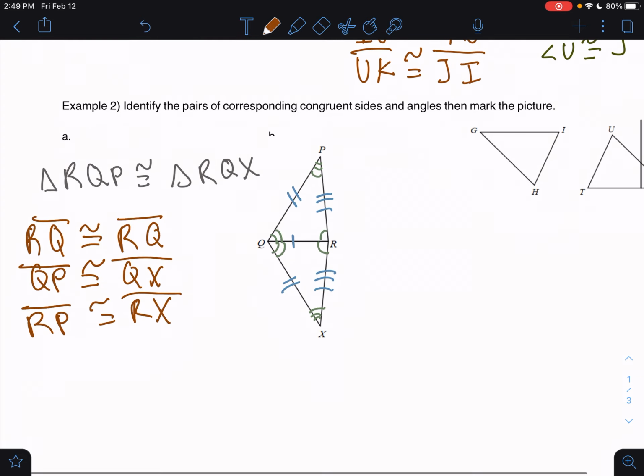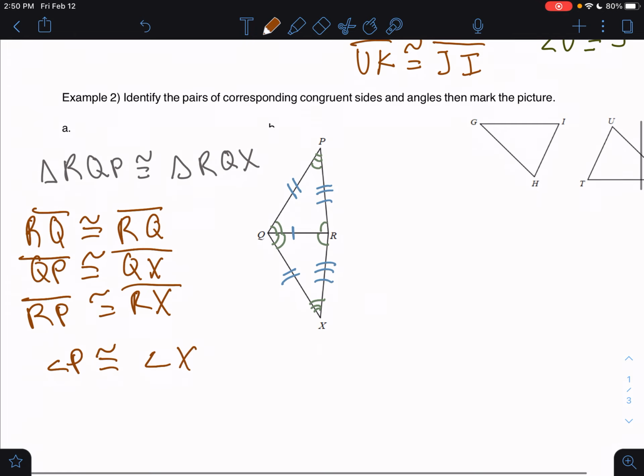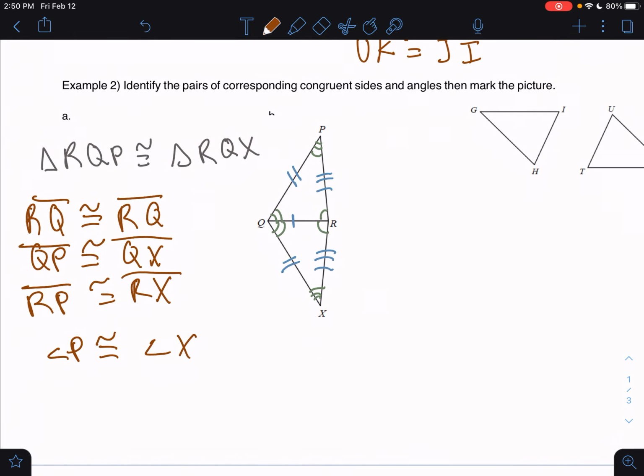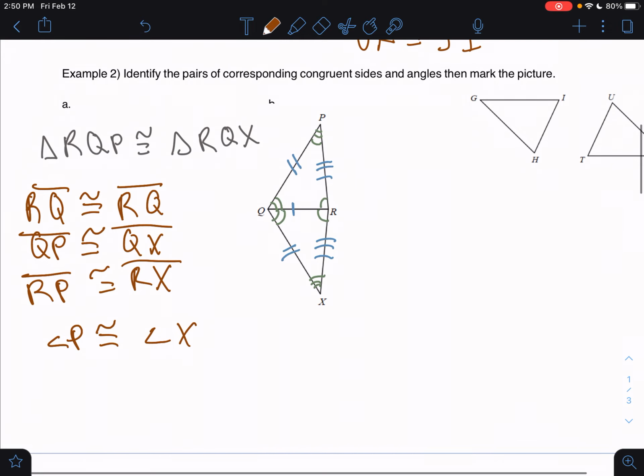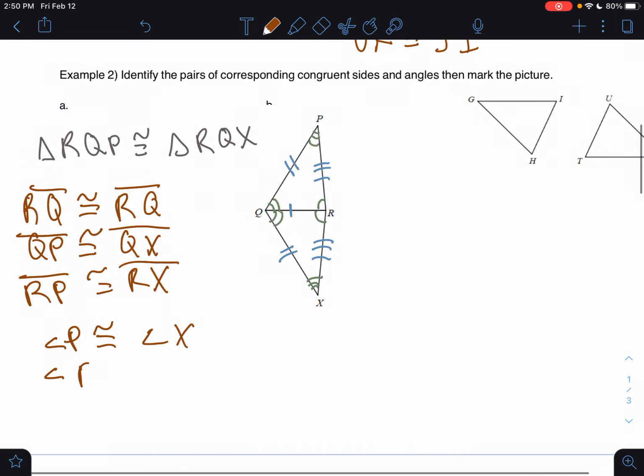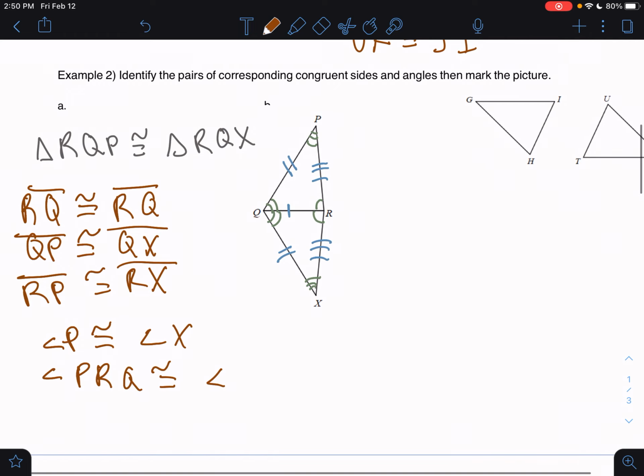Then let's do our angles. I'm going to start with the easiest one here. Angle P is congruent to angle X. The other ones we're going to have to label with 3 letters. So I'm going to say that angle PRQ is congruent to angle XRQ.